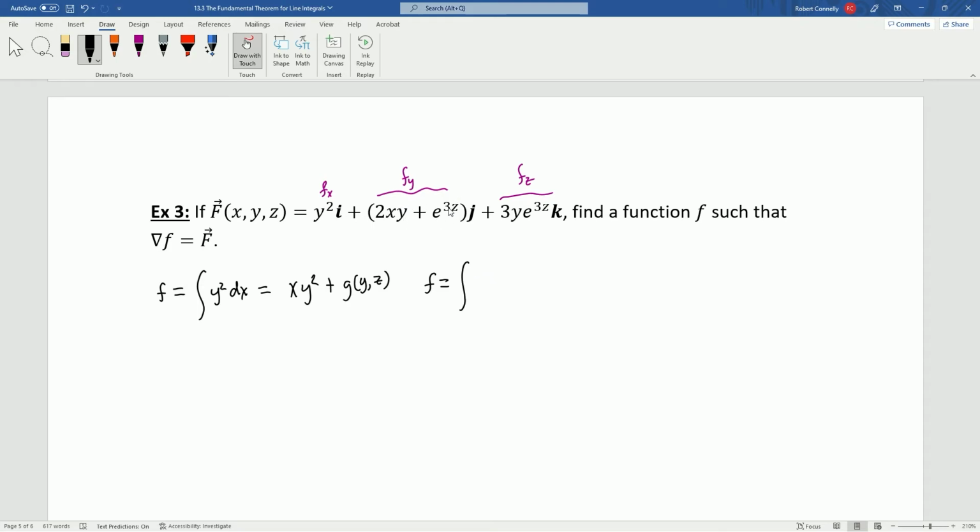Now we're going to integrate this with respect to y. This becomes xy squared plus y e to the 3z plus, and now this is going to be a function of x and z. And finally, we'll integrate our last term with respect to z.